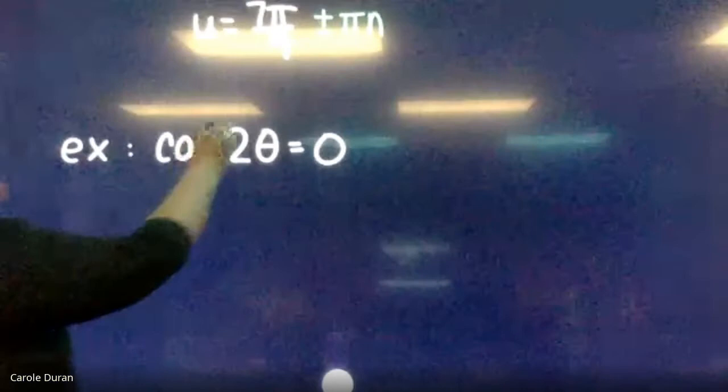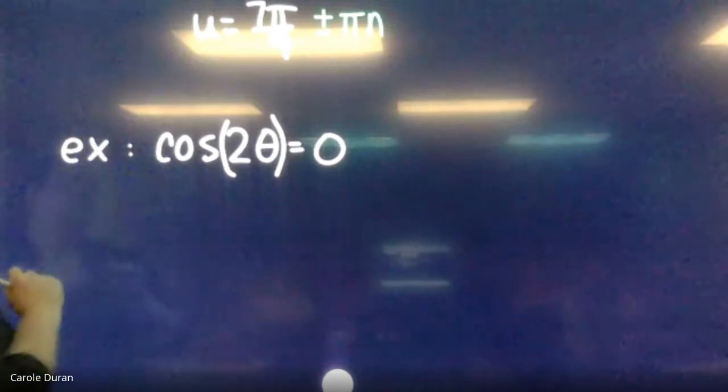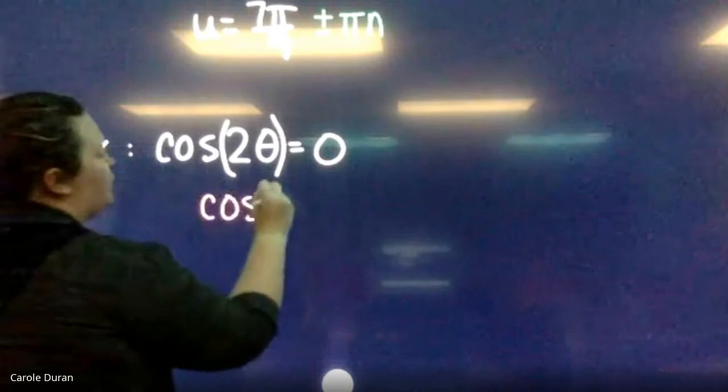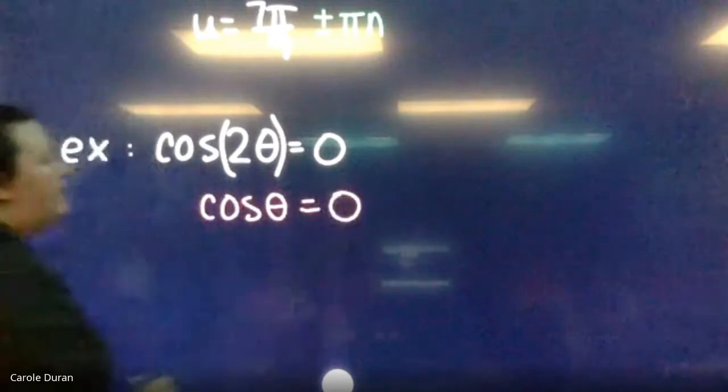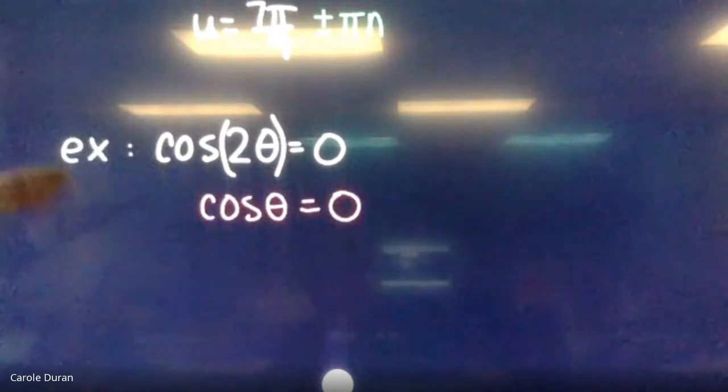It is only grouped with my angle. So that complicates things a little bit. There's a trick for getting around this. We're going to pretend to start with that 2 doesn't exist, and then factor it back in at the end. So instead of solving for 2 theta, I'm just going to start by solving for theta, and find the angles on my unit circle for which this equation is true.